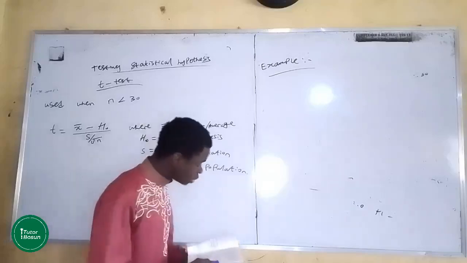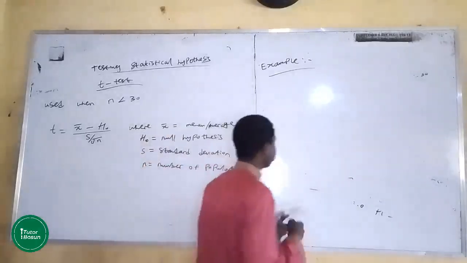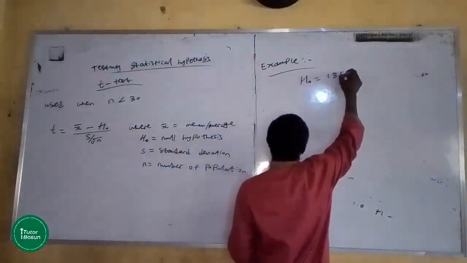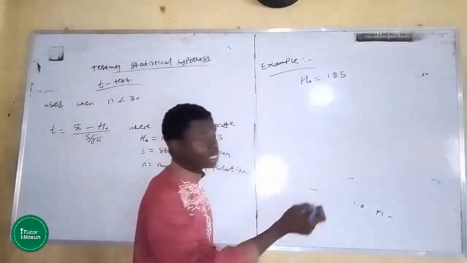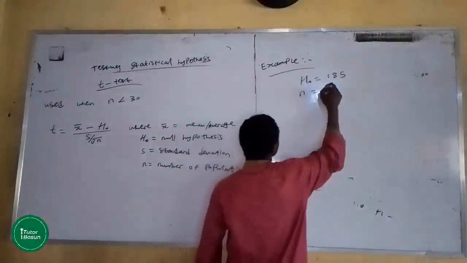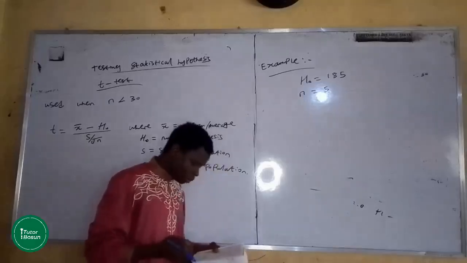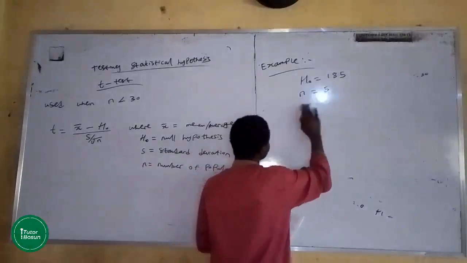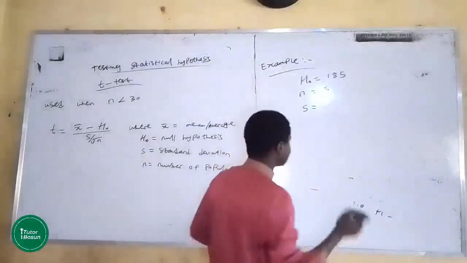So it's very clear that we should take our null hypothesis as 185. That's the mu naught. So your mu naught will be equal to 185. And it says 5 pieces are randomly selected, so automatically your n is equal to 5. And the question also says that the standard deviation is 8.2 pounds. S. Don't forget, in t-test, we make use of S as our standard deviation.